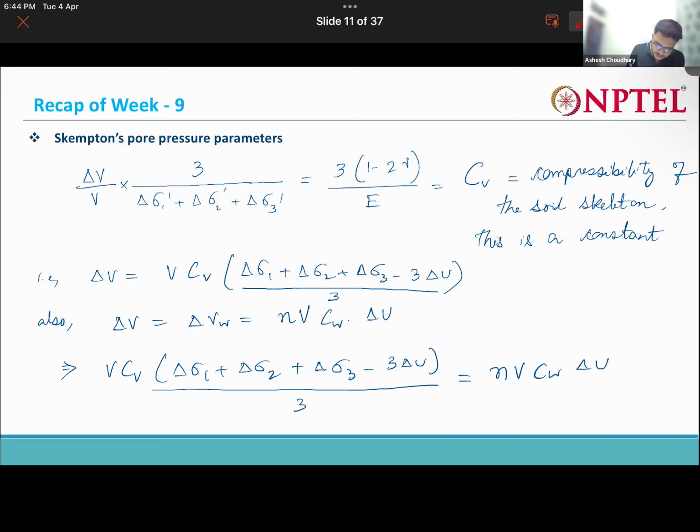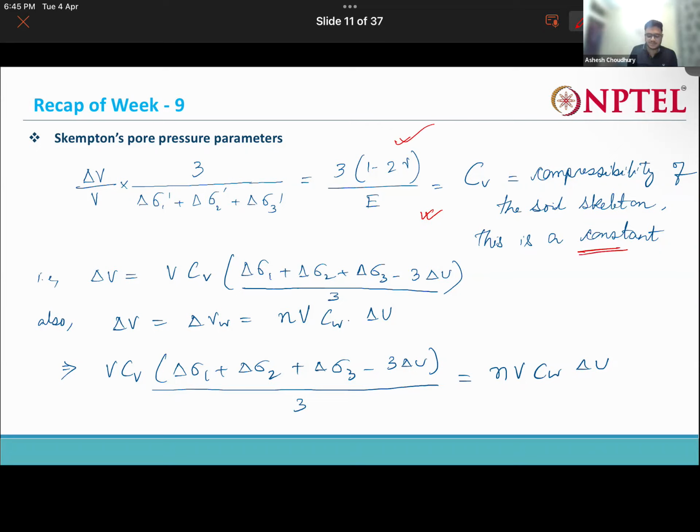This equation we had derived, where the change in volume times 3 divided by the sum of the increases in stresses in all three directions is nothing but a constant, which is called the compressibility of the soil skeleton.